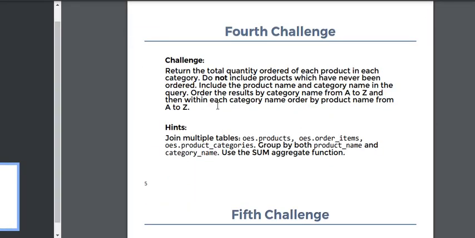Fourth challenge: return the total quantity ordered of each product in each category. Do not include products which have never been ordered. Include product name and category name, and order the results by category name from A to Z, so we have to use the order by clause, aggregate function and all. Let's practice this.